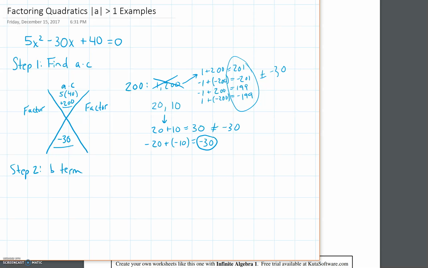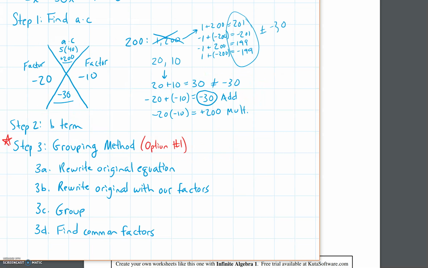That's what we're trying to add up to. But we also know that negative 20 times negative 10 will give us that positive 200 when we multiply. So here's the adding part, and here's the multiplication part to figure out our factors. So now we know negative 20 is one of our factors, and negative 10 is the other.